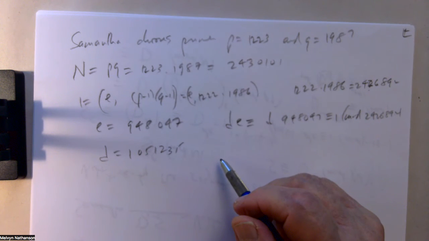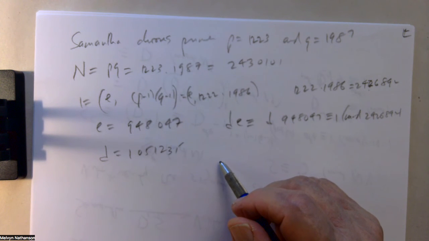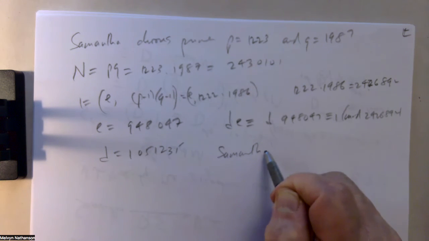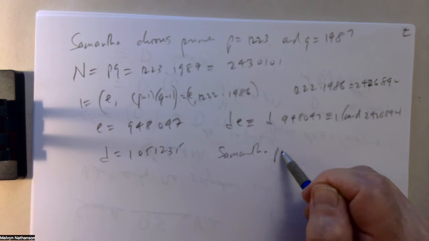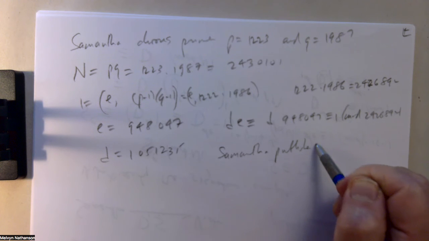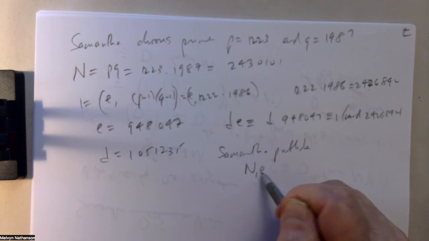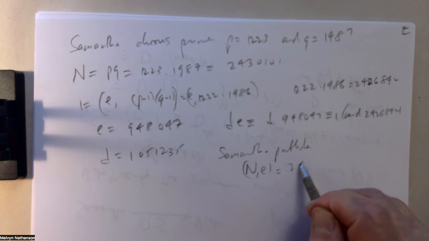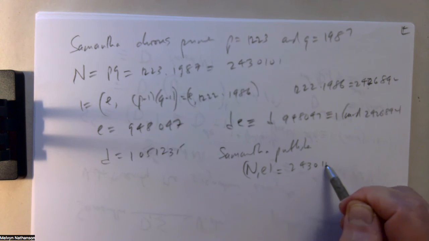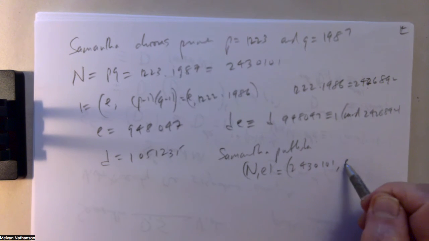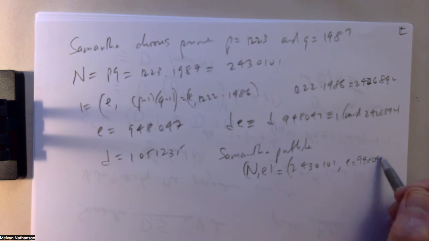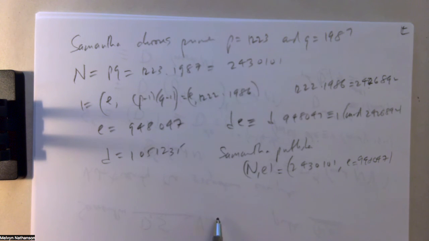So what Samantha publishes is, she lets the whole world know the values of N and E. N is 2,430,101, and E is 948,047.